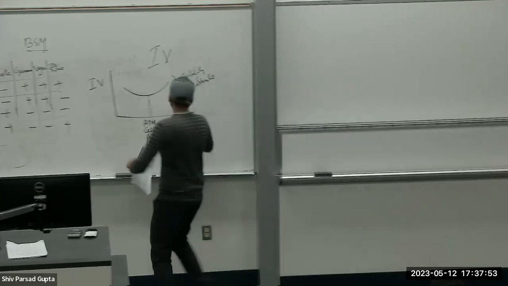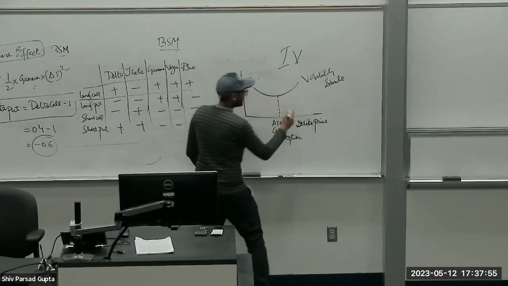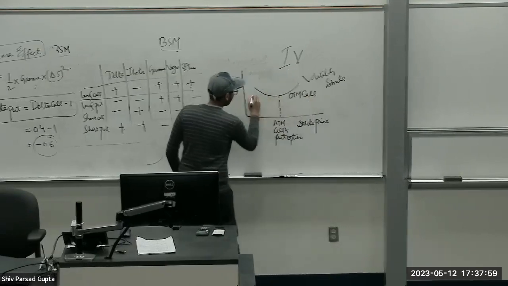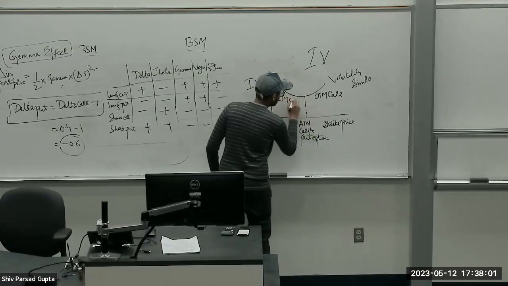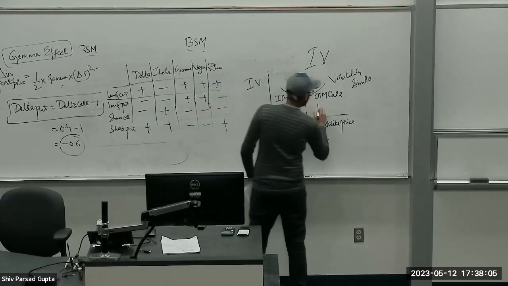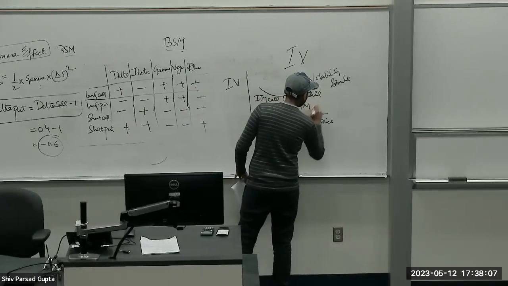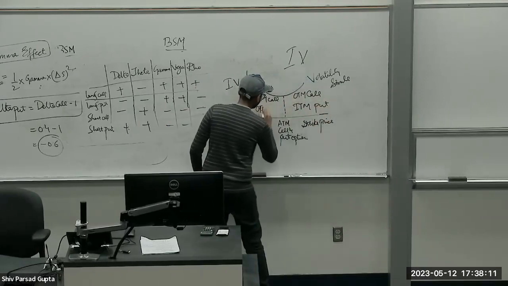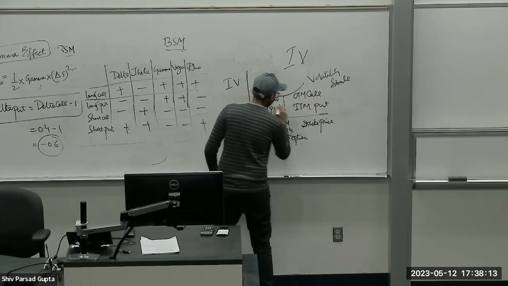So on this side we have the out of the money call, and over here we have the in the money call. As opposed to the call, we have the in the money put over here, and the out of the money put over here.